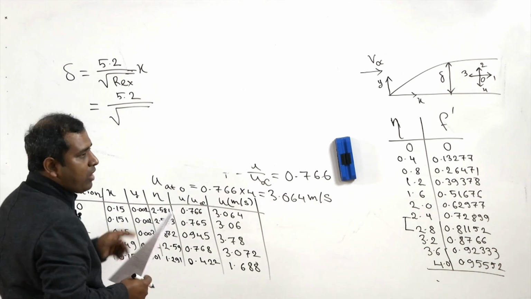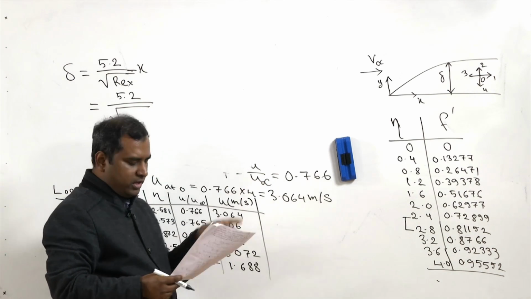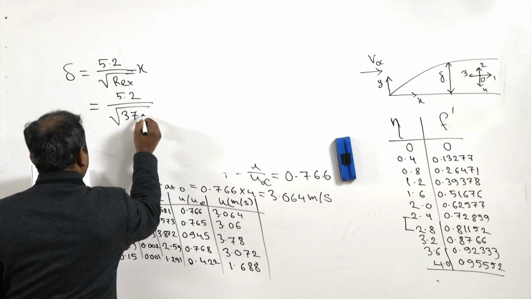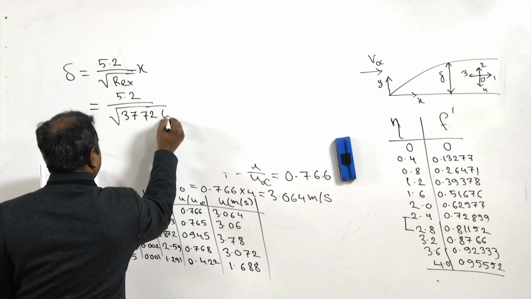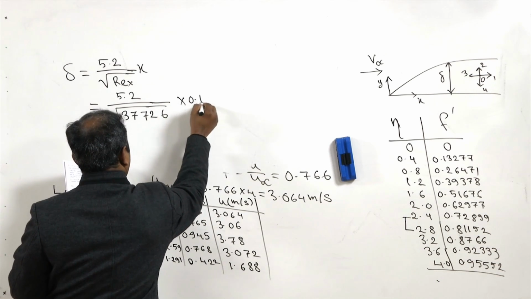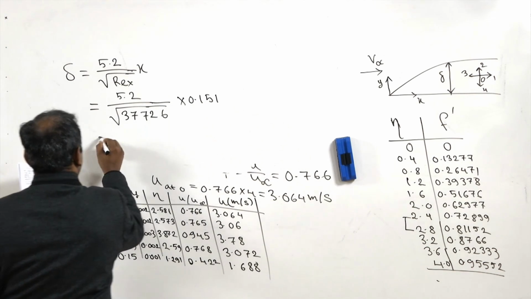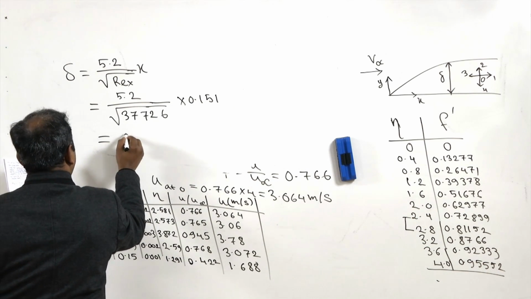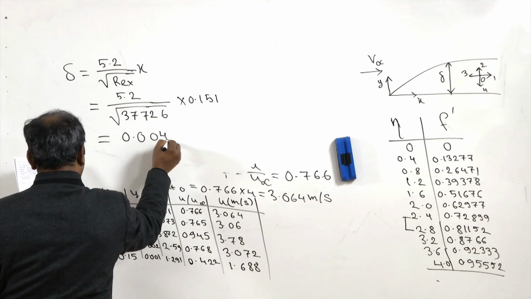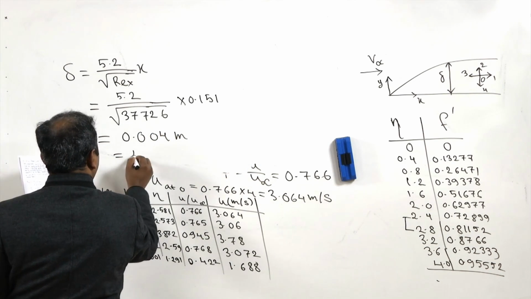Rex for 1 already we have shown you the value came out 37,726, right, and then your x value is 0.151. Okay. So, ultimately you get your boundary layer thickness at 1 is 0.004 meter. So, that means 4 millimeter.